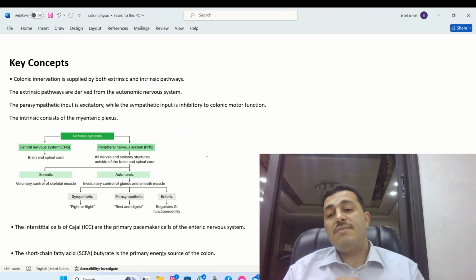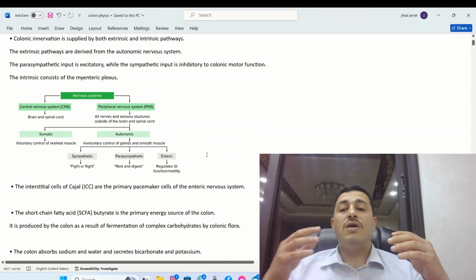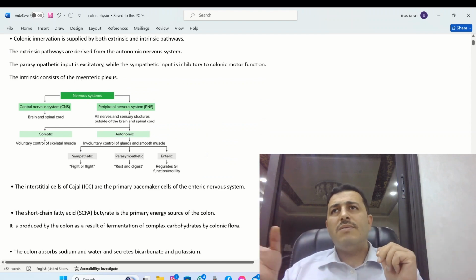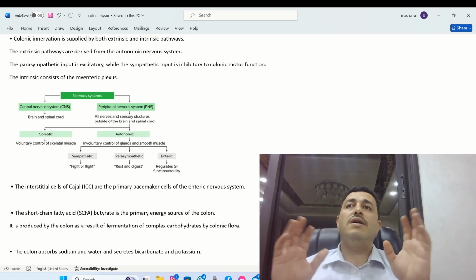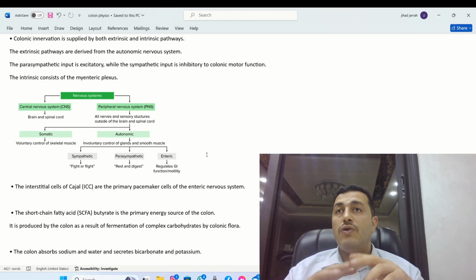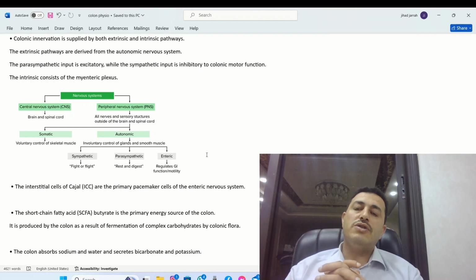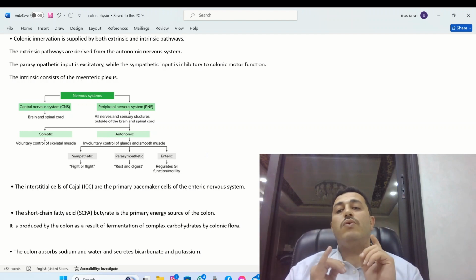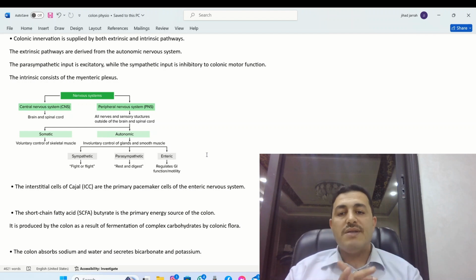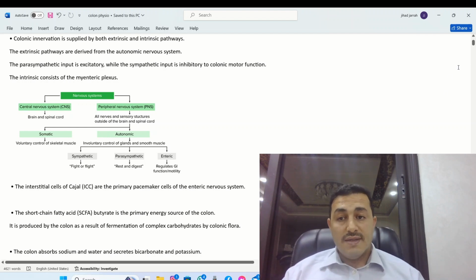That is regarding the central nervous system, but let's concentrate on the peripheral nervous system. The peripheral nervous system, as you see in front of you, is divided into somatic and autonomic. Somatic doesn't play a role in the innervation of the colon, but distally, at the rectoanal junction, yes, it has a role. But in the colon, we are talking about the autonomic: sympathetic, parasympathetic, and the enteric nervous system.